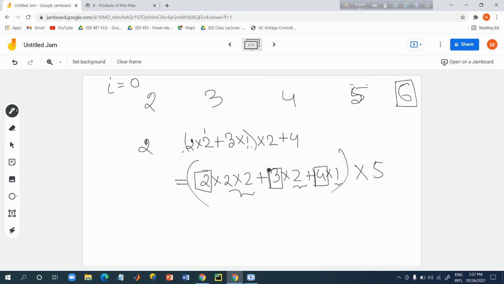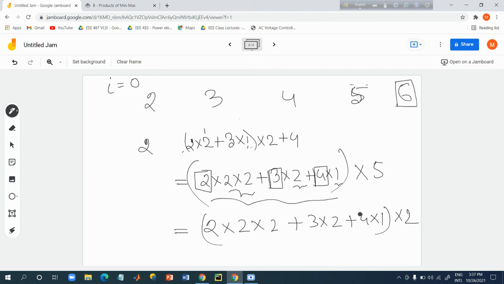So what we will do here is, this is our previous option, right? Our previous option will be again getting multiplied by 2. So if we multiply this, we will get 2 into 2 into 2 into 2 plus 3 into 2 into 2, plus 4 into 1 into 2, right?